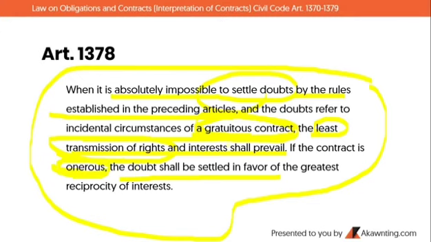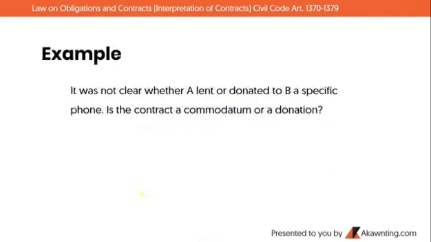Pag gratuitous, ang cost is usually the liberality of the one, for example in donation, for the one donating, the object. However, in onerous, there is an exchange of valuable considerations, okay. So ayan, kapag onerous contract naman daw, isi-settle natin yun in favor of the contract with the greatest reciprocity of interest. Okay, so example tayo.